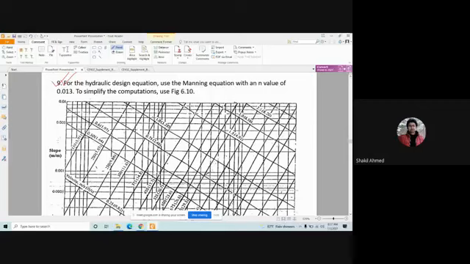We'll solve this, inshallah, of course using Manning's equation and in full flow condition, assuming the sewer is in full flow condition. Clear? Yes, sir.